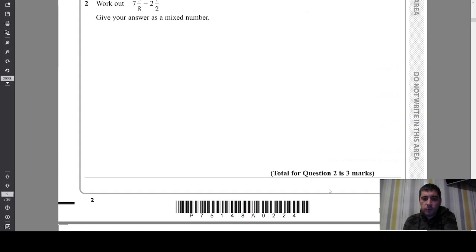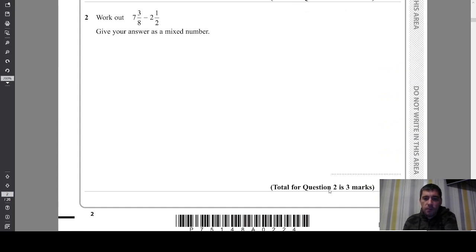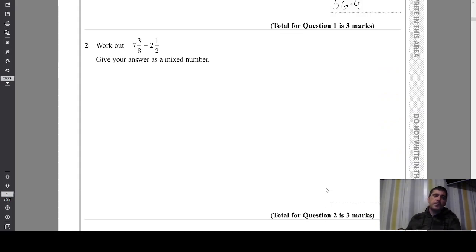Okay, so next question, as we can see, it's a 3 marker again. Working with mixed numbers is not too hard. I think you should build this skill in year 7s, maybe year 8s, depending on which school you want.